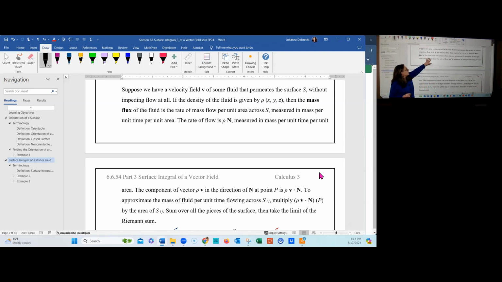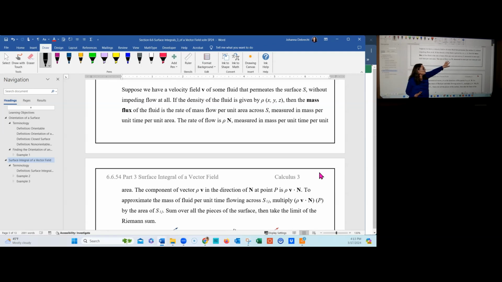mass flux of the fluid as the rate of mass, kilograms, per unit area across the surface, measured in mass per unit time per unit area, like kilograms per minute per square foot.